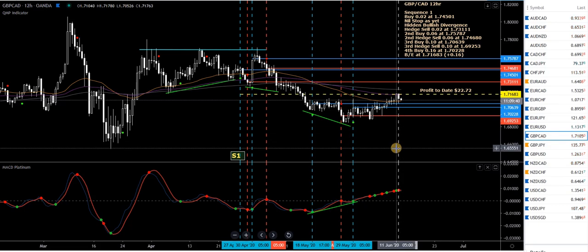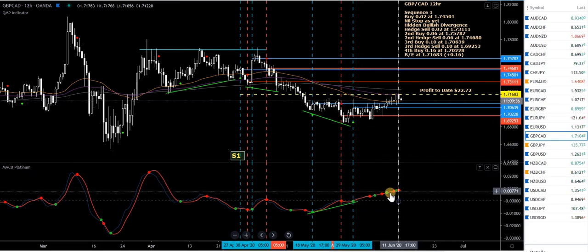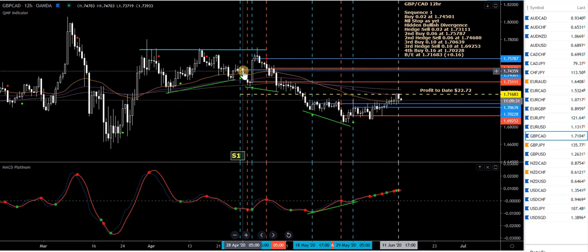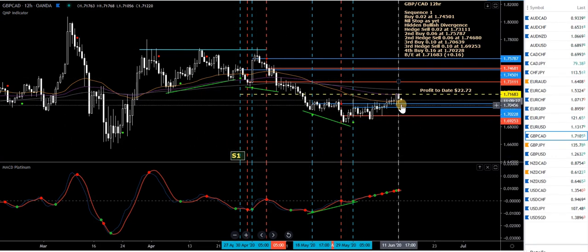Pound CAD, this MACD platinum is ugly. Look at all these little dots on that. We're in a sequence of trades. You can read my notes here. It's only one sequence. Trying to push up, got very close to the overall break even, but in the last 24 hours it rolled away.